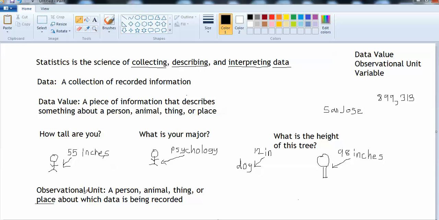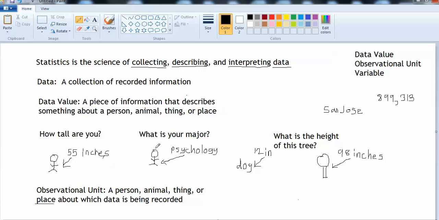So we know what an observational unit is. Let's start a new page. Well, first I wanted to say that if you're collecting data from a person, then you actually use a more specific word than observational unit.